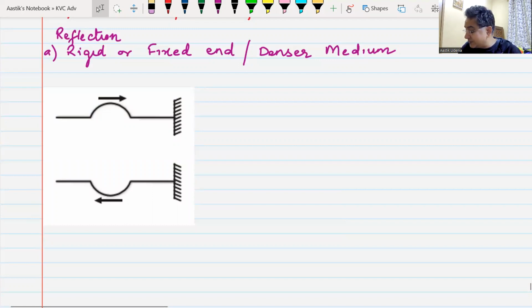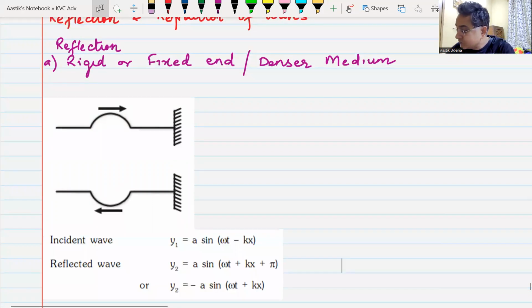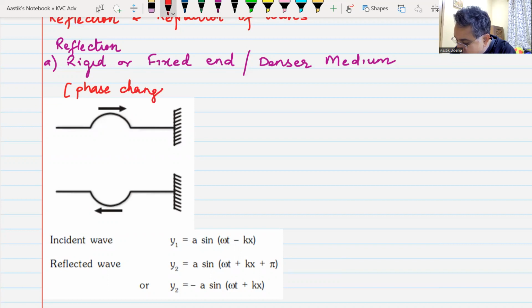Do we see that there is a phase change of pi? Yes, sir. A phase change of pi. Please first understand this and then you will write this.